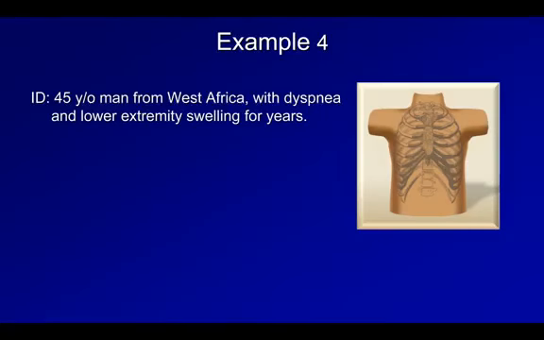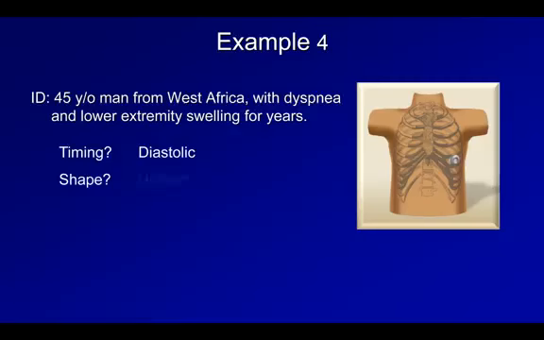Example 4. A 45-year-old man from West Africa with dyspnea and lower extremity swelling for years. This murmur is loudest with the bell of the stethoscope at the apex. Timing, it's also diastolic.